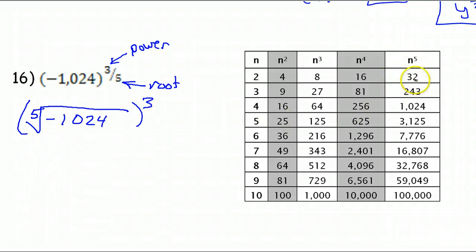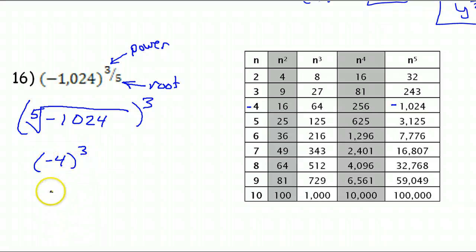So if the 5th root of 1024 is 4, then the 5th root of negative 1024 will simply be negative 4. No big deal. So that means I'm going to have a negative 4 inside of there, 5th root of that guy. Now I have the negative 4 to the 3rd power. Now here again, because it's an odd power, the negative is just going to stay negative. If this were an even power like squared or 4th power or 6th power, it would turn positive.